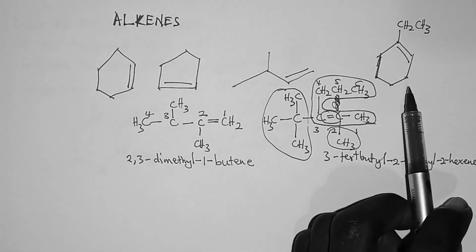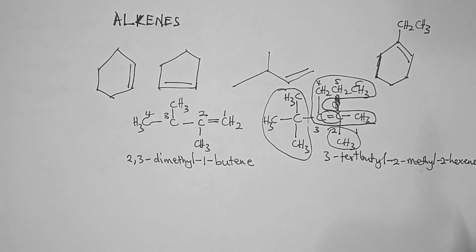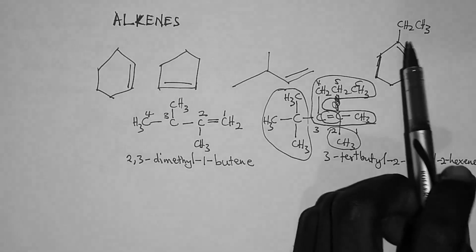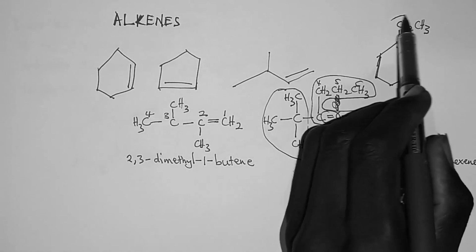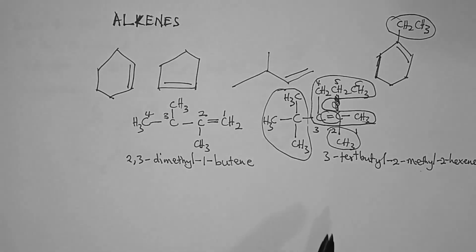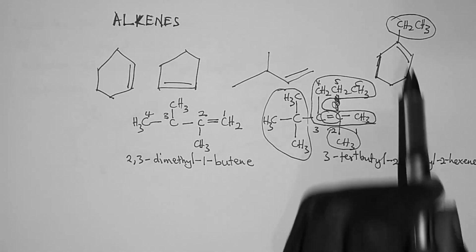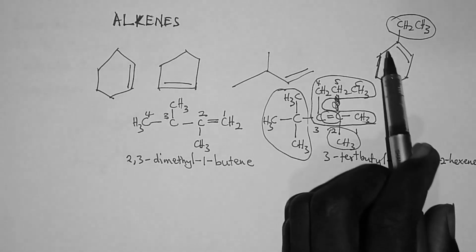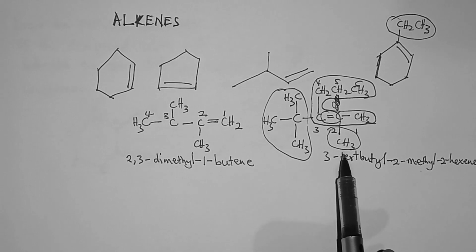So let's consider this molecule. Try naming it. You can pause the video at this point and try. You can see that this substituent is an ethyl substituent, and it is on carbon number 1 of the cyclohexene.